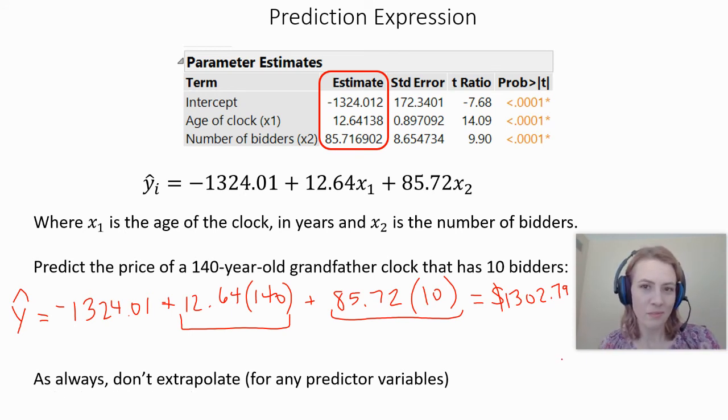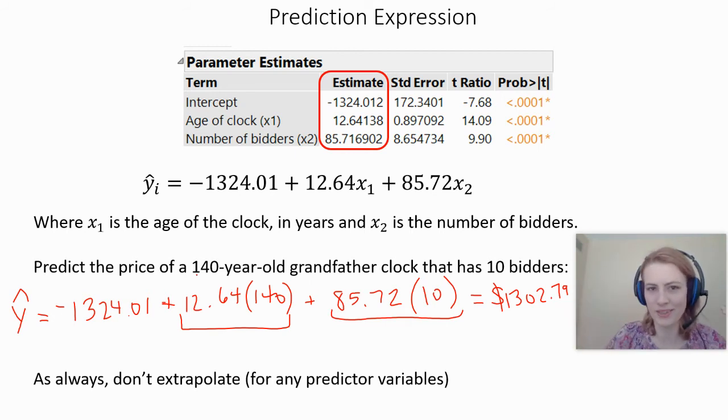As with simple linear regression, we want to be careful not to extrapolate. And now we've got to worry about two different predictors, in this case, not to extrapolate. So for the ages of the clock, pay attention to what the ages in the data set are. If you were to look at the data table, all the clocks were between 108 and 194 years old. So using 140 is within that range, so that's appropriate.